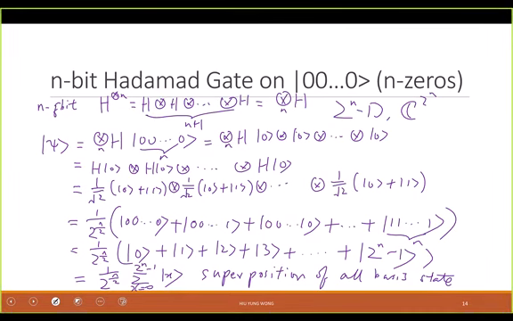You use the Hadamard gate. 2 to the power n minus 1 is the value. For example, 2 to the power 2 minus 1 is 3, which means you have 1, 1 in binary. These are all things you learned in classical computers, all these register values.